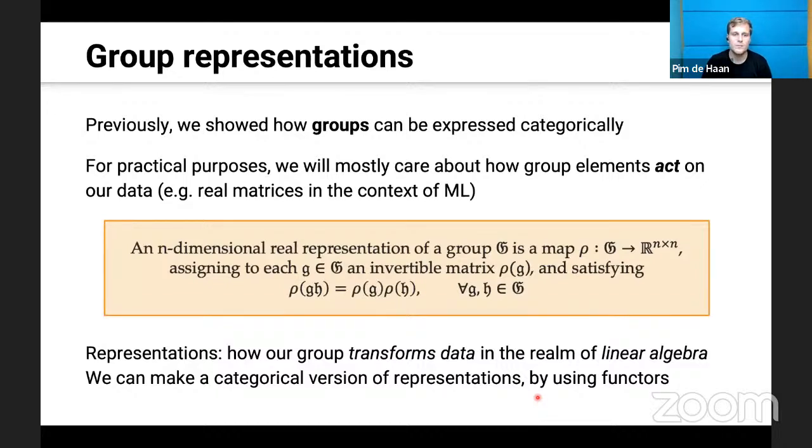So an n-dimensional group representation is simply a map from the group to n by n matrices, such that composition is preserved, so that the group composition translates to matrix composition. Group representations tell us how groups transform in the space of linear transformations.